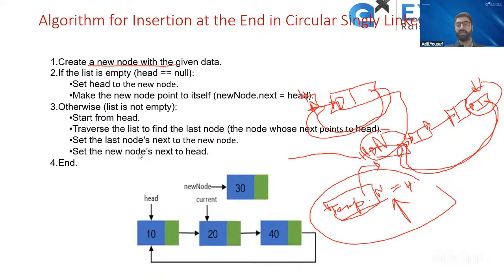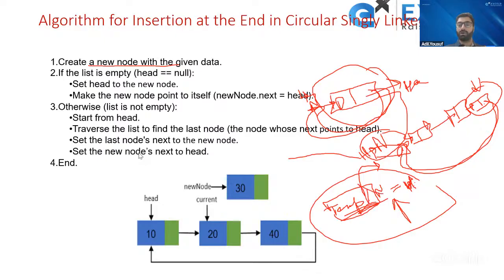So simply this temp dot next, it was initially pointing to head because it was the last node. So I will set this new node's pointer to head, meaning whatever node I have created here initially, I will set it as pointer to head. When I set it, what will happen? The temp dot next was initially pointing to head, so it will no longer point to head now.